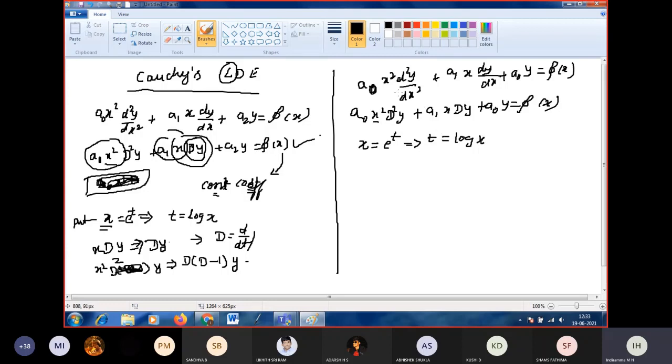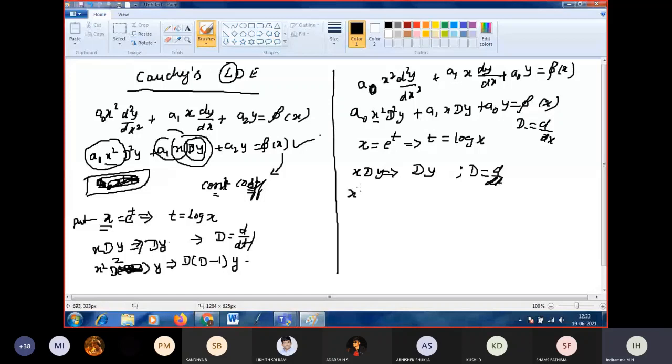And here what is capital D? In the given problem capital D is d by dx, but we are going to convert x to t. So next, x into dy will take the value Dy, where D is d by dt, since we are converting to t.